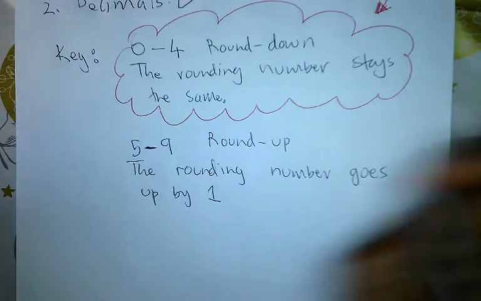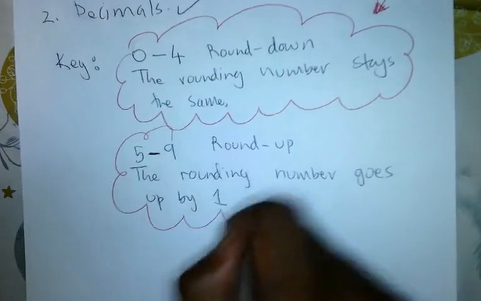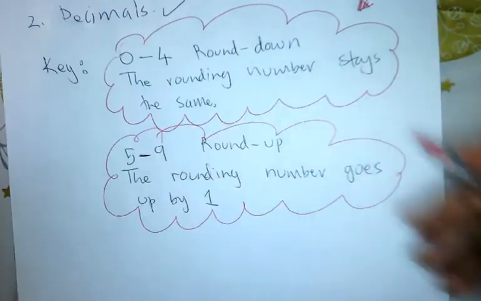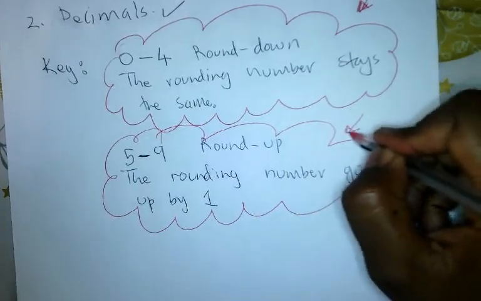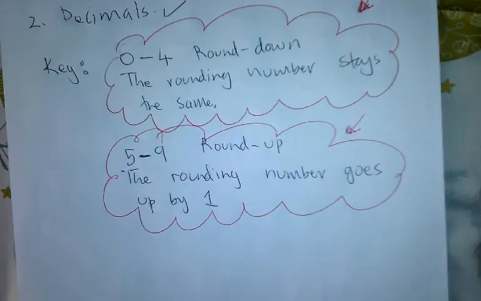Are we all clear, guys? So we're going to look for those two: either 5 or more, or less than 5. Less than 5, it doesn't affect the rounding number. 5 or more, it adds 1 to that. Are you all clear?